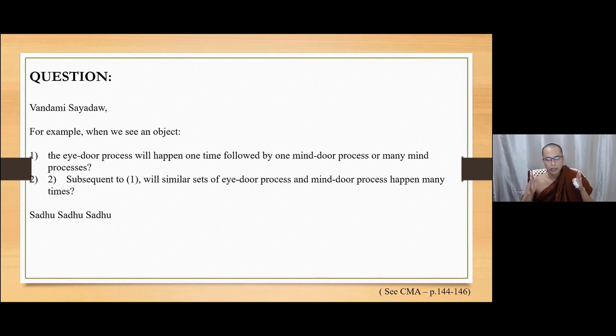When we can identify or recognize something as a common thing, many eye door processes and many mind door processes are arising in that moment. So that's why you're right. To identify, the function of the mind door process is also needed, so the eye door process is followed by the mind door process.